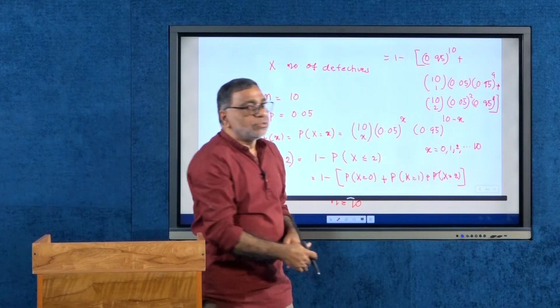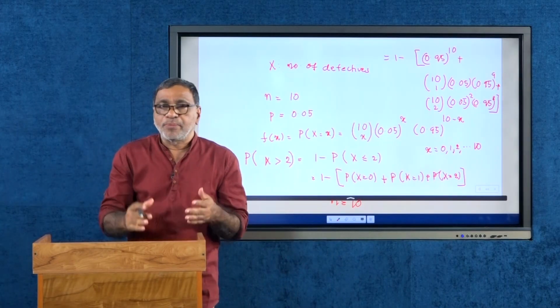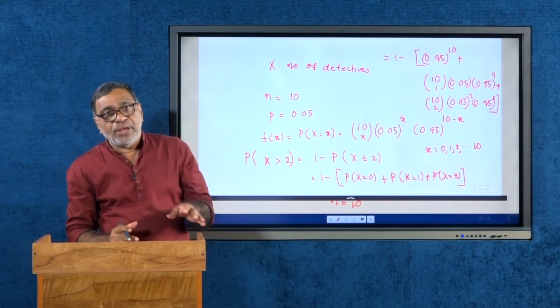Simplifying this expression, you will get the probability. So, this is the probability that the guarantee will fail.